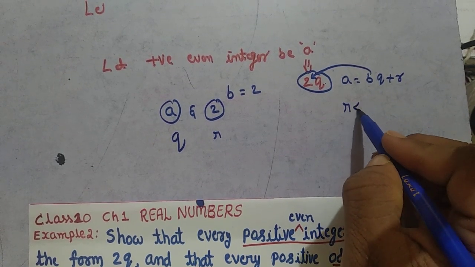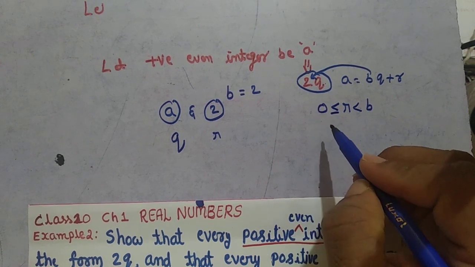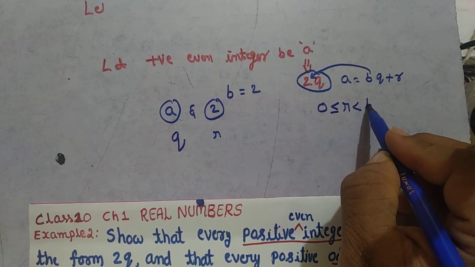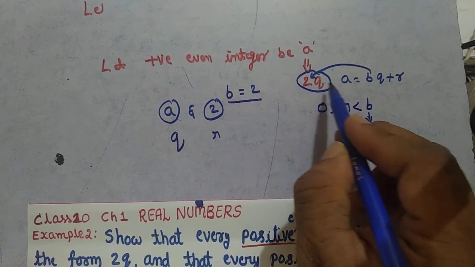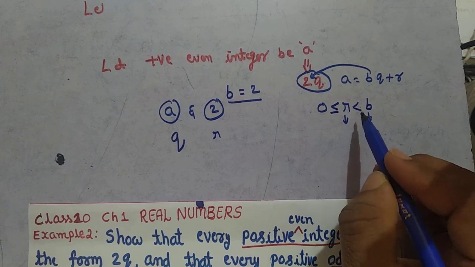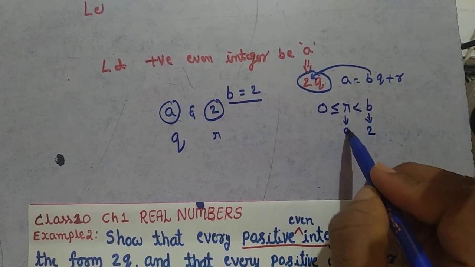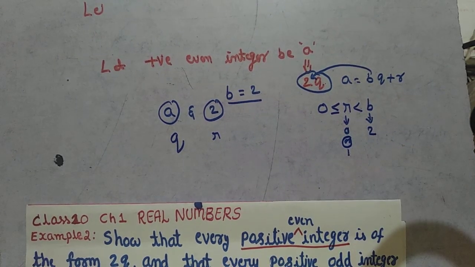The r is always less than b and greater than or equal to 0. Here b is taken as 2.